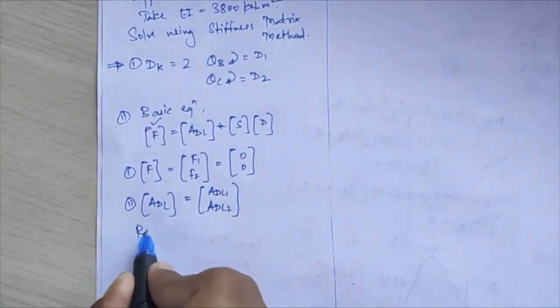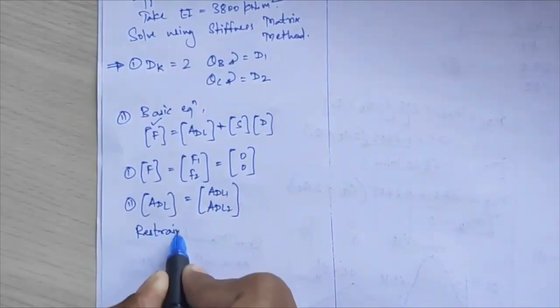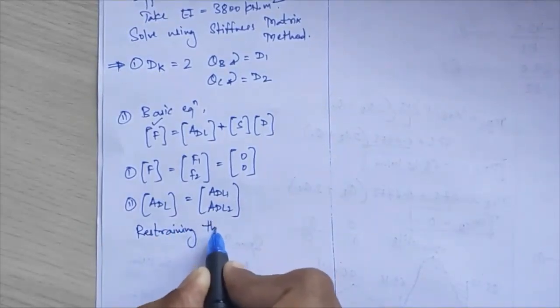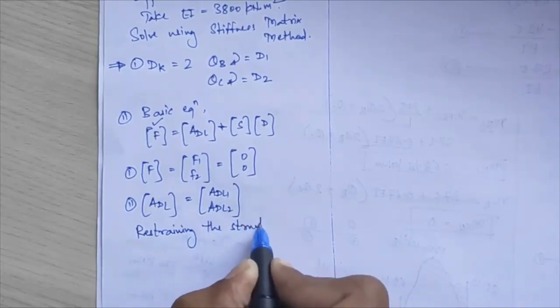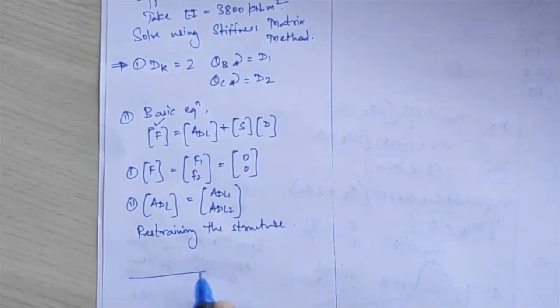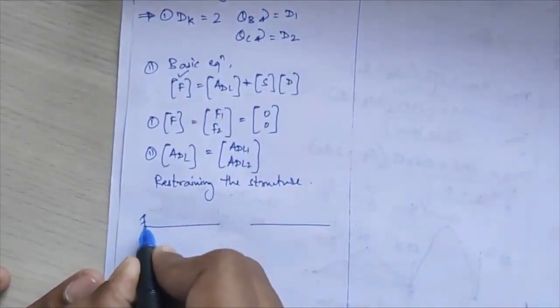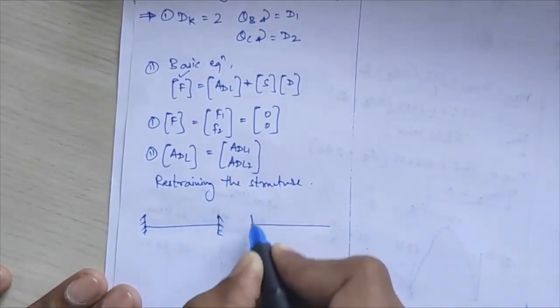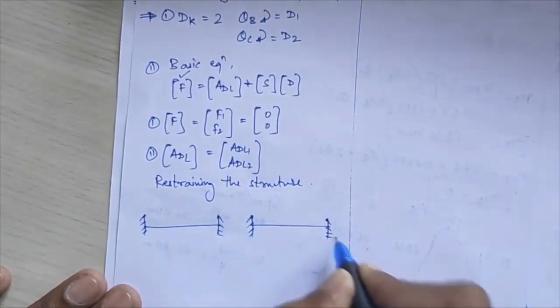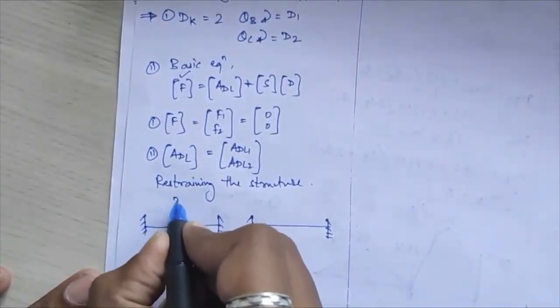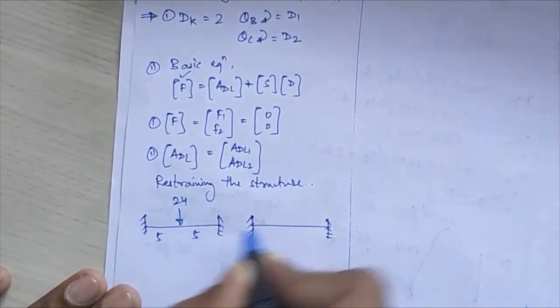So here I'll write restraining the structure. Here are joint member AB and member BC. I'll restrain all the points here, and whatever loading is given to me, I'll keep as it is.